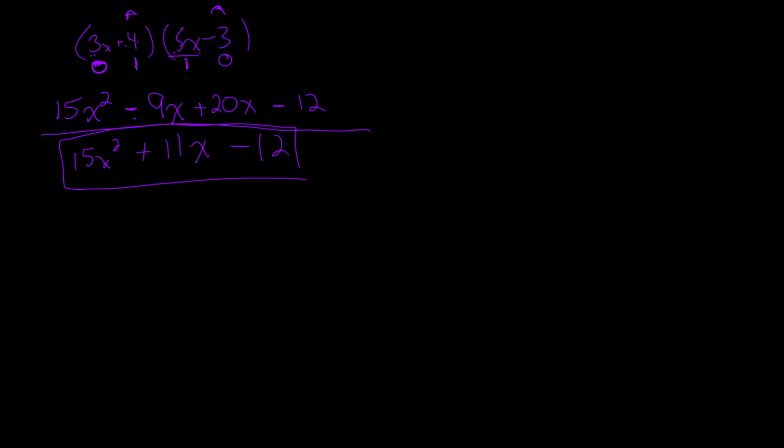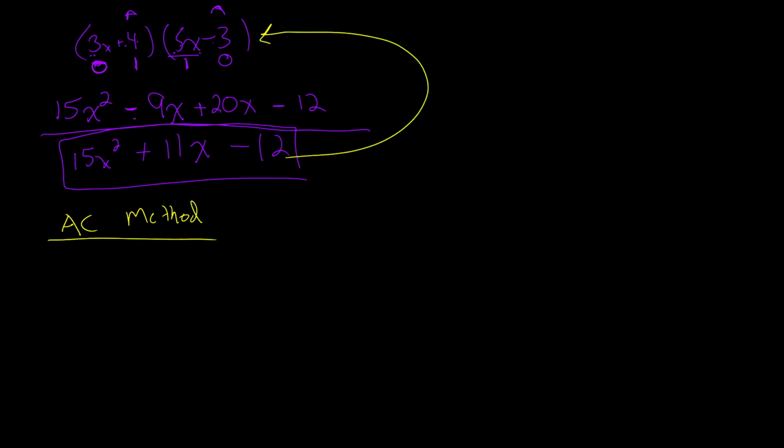Now, what we want to do is we want to reverse this process. And the thing that we do in reversing the process is going to be called the AC method. And we're going to want to be able to go from the trinomial back to the binomial.